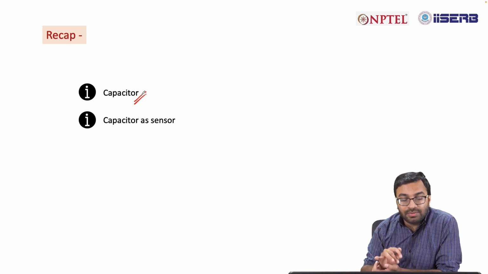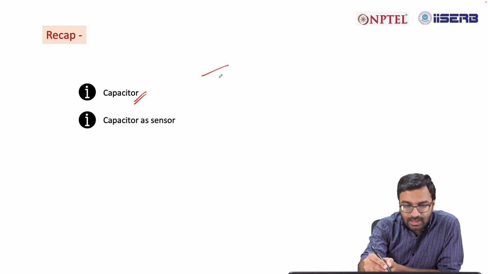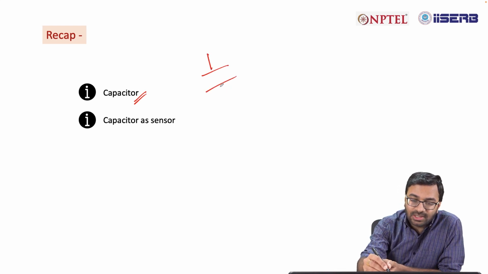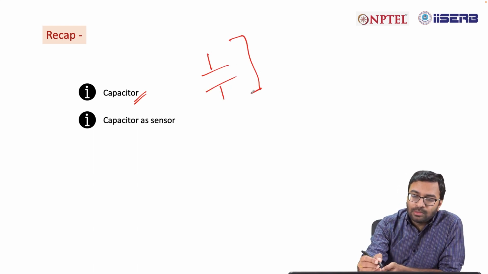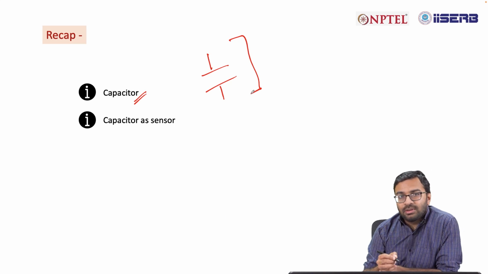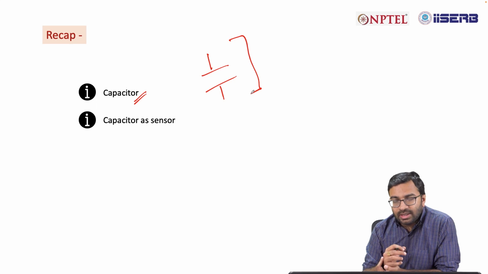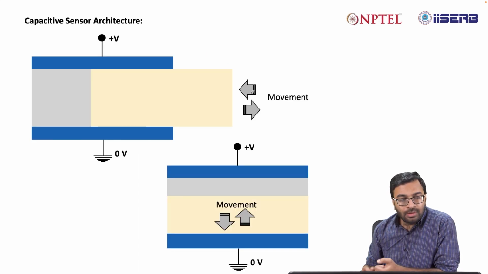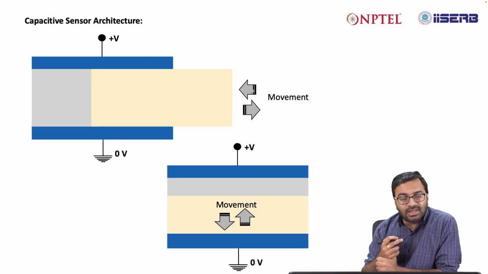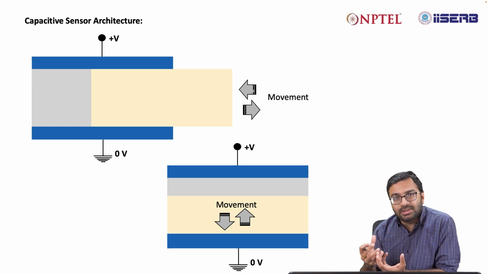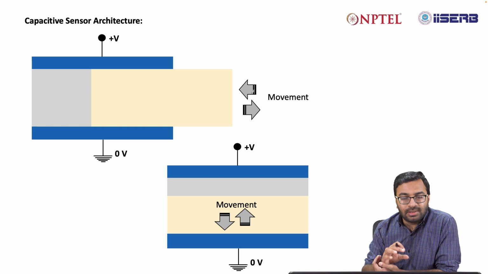Then we also have seen that if you have a capacitor, you have to engineer this structure in order to use it for any sensing application. So in this lecture we will see what the capacitive sensor architectures are, how we can use a capacitor as a sensor, and what type of geometries will help us convert a simple capacitor into a sensor.